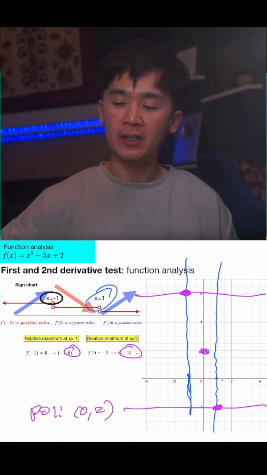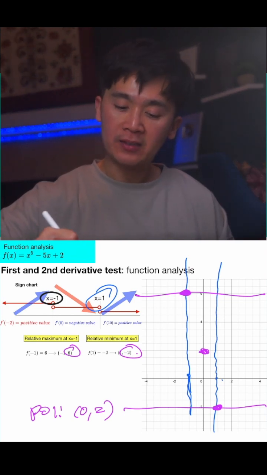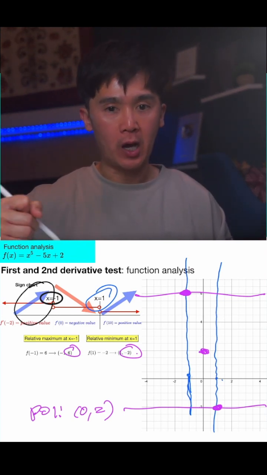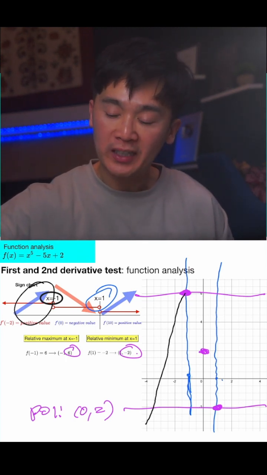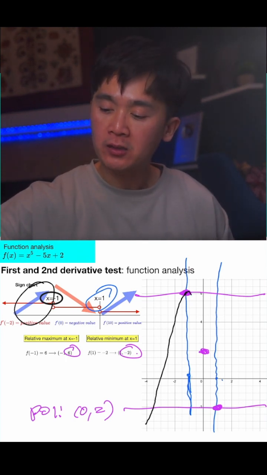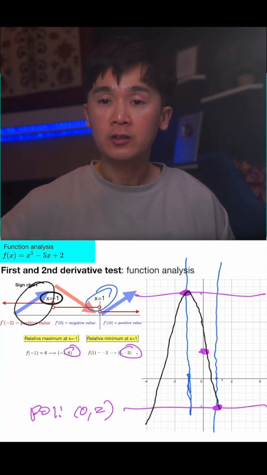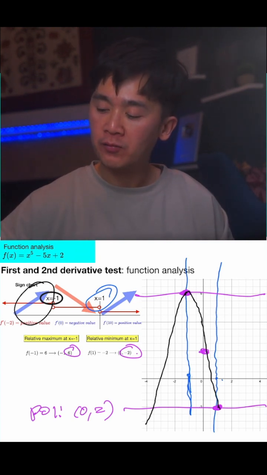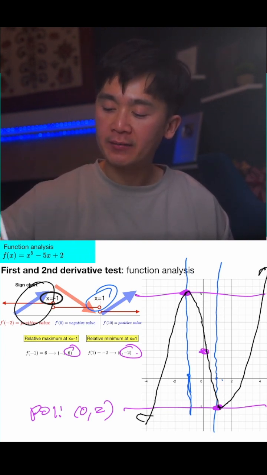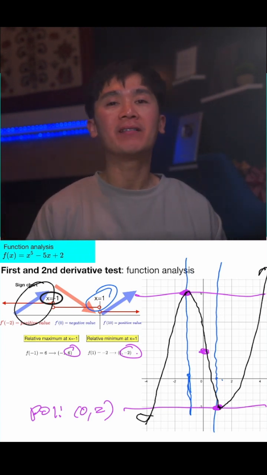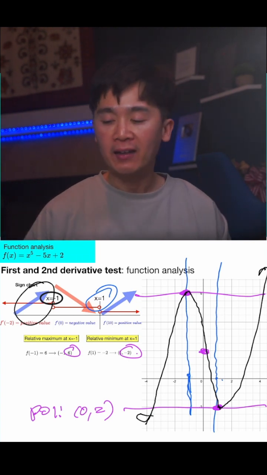By just connecting the dots, we know that this direction is going upwards from negative infinity all the way to here, and it will change to a downward direction, and from this vertex, it will go up again. And now we're seeing the little sketch of the graph that we've worked on a little while ago.